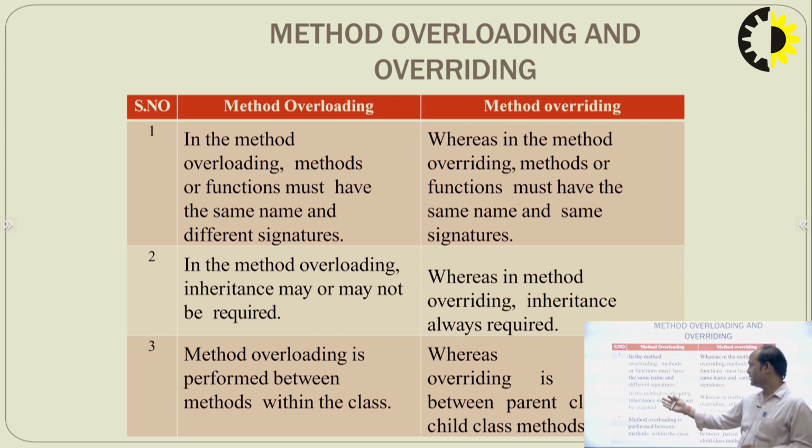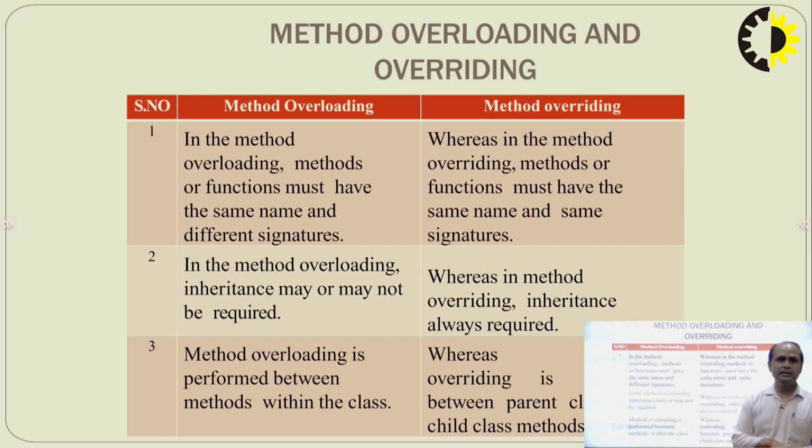Second point: in method overloading, inheritance may or may not be required. We can use the concept of parent and child class, but it is not compulsory in method overloading.